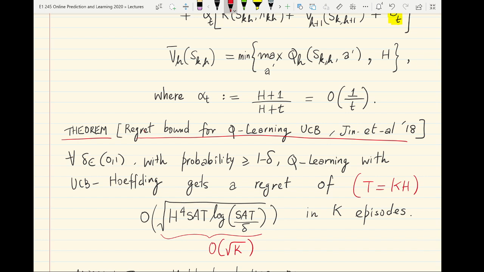More precisely, if you convert this in terms of the number of episodes, up to log factors, which is why we put a tilde here, this is H^5 SAK regret.